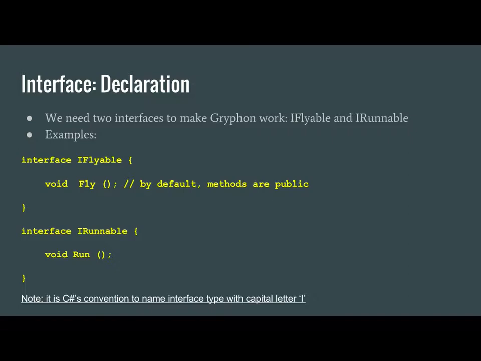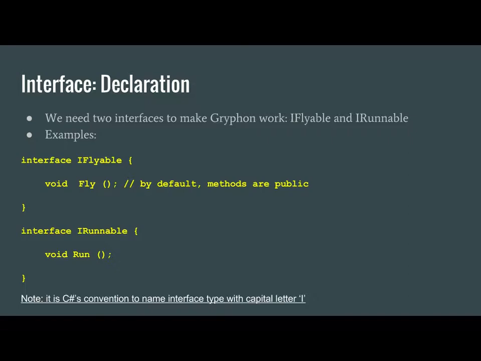For Lion, it can run. So we can define an interface called IRunnable, which only contains one method called run, void run. And what is the feature of Eagle? One of the features is it can fly. So we define an interface IFlyable and only contain one method called fly.